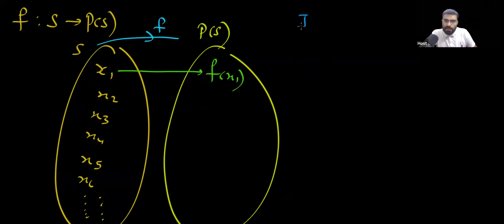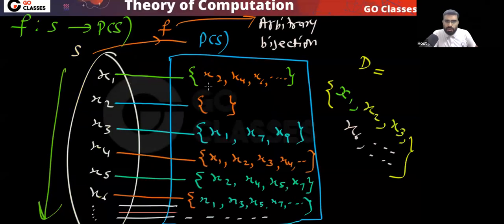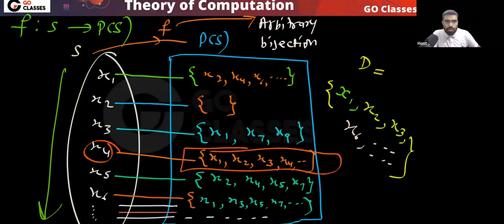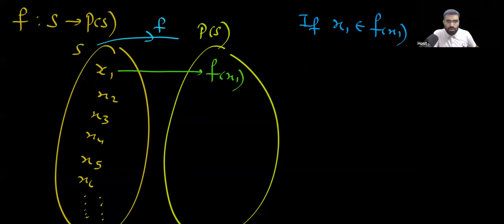If x1 belongs to f(x1), that is, if it belongs to its image, for example x4 belongs to its image, then I will not put it in my set D. So if x1 belongs to f(x1), I will not put it in the set D.